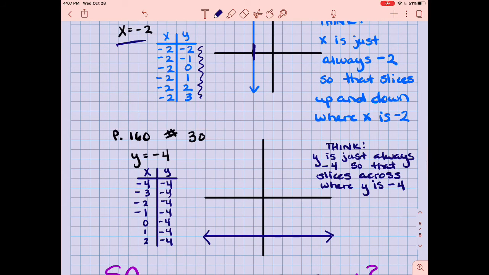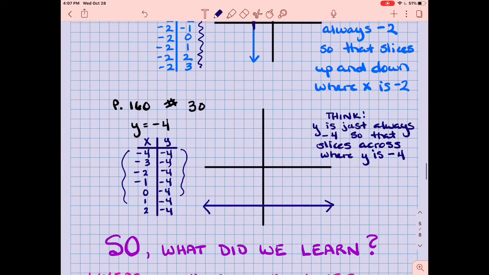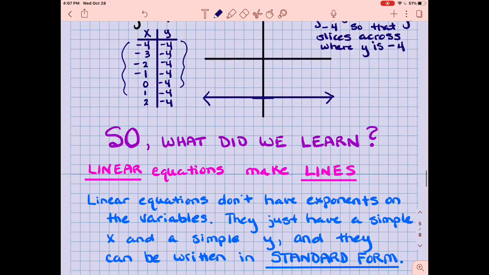On number 30, we have y equals -4, and notice that x is everything in the world, y is always -4, and so that slashes straight across through y equals -4, and we're going to end up with all those x numbers lined up sideways, but the y number is always -4. So, what did we learn?